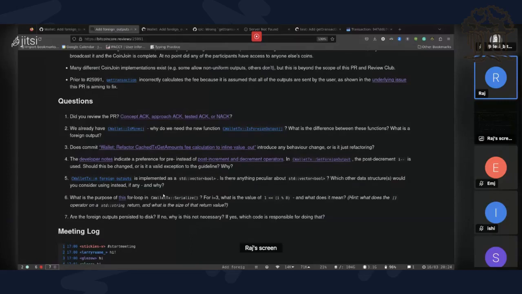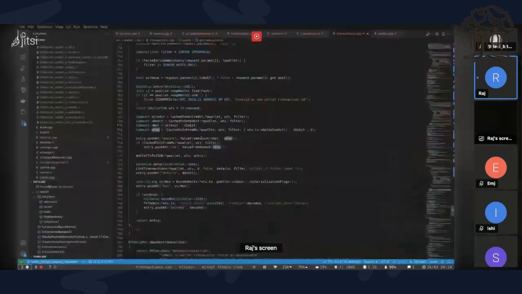If it's not from me, then fee is zero. So it's basically saying the fee will only be there for transactions which are from me. This logic says whether the fee is paid by me, not the fee of the transaction.